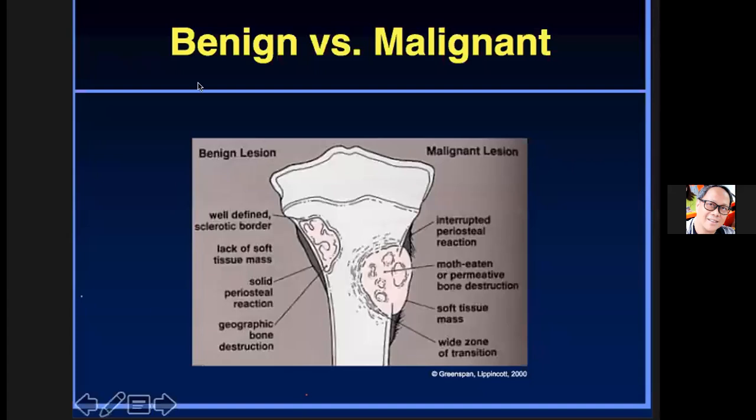Okay, so in summary, these are on the right side of the picture, and on the left side, our comparison is being made with benign versus malignant lesions. So the clarity or the extension to the soft tissues, the orientation of the calcifications, and the disrupted cortex, you tend to favor the malignant lesions.